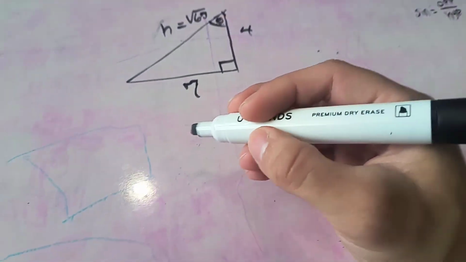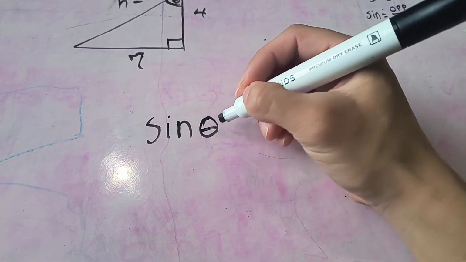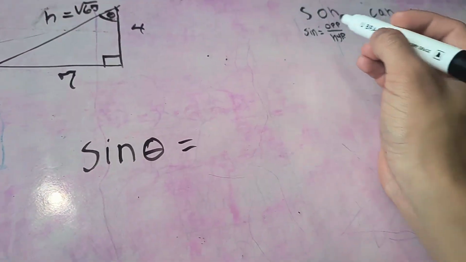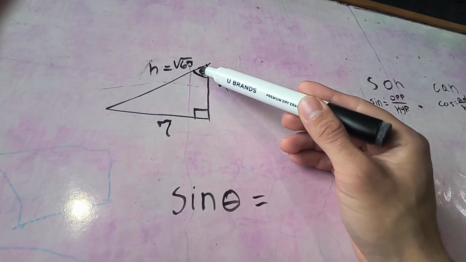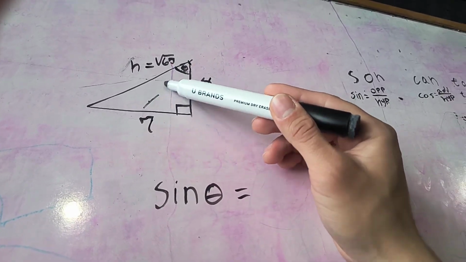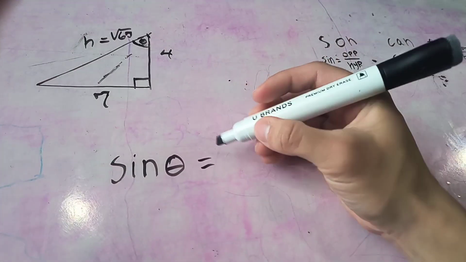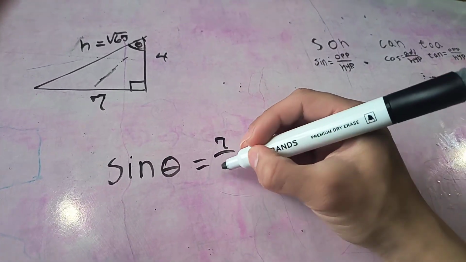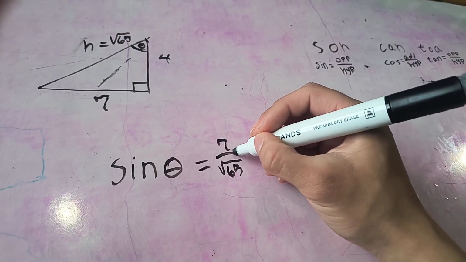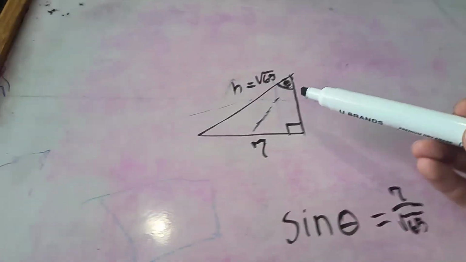So sine of theta is equal to opposite over hypotenuse. This is the opposite side for this angle, and then hypotenuse is this. So this would be 7 over square root of 65.